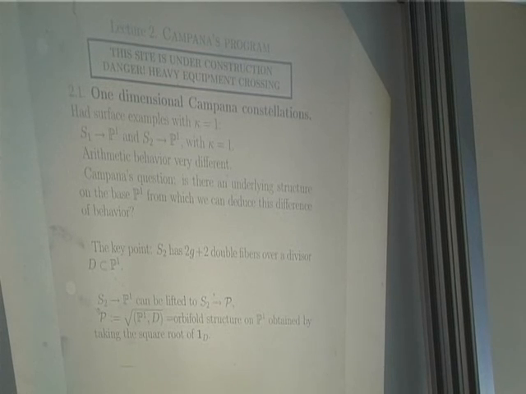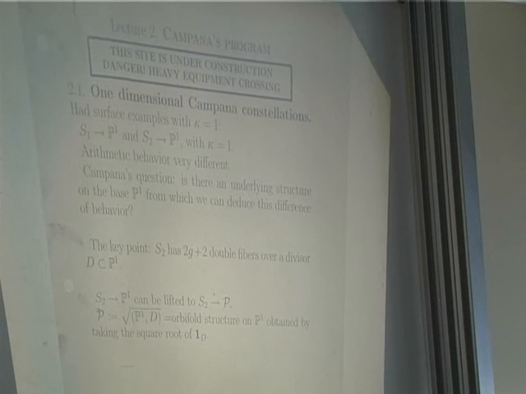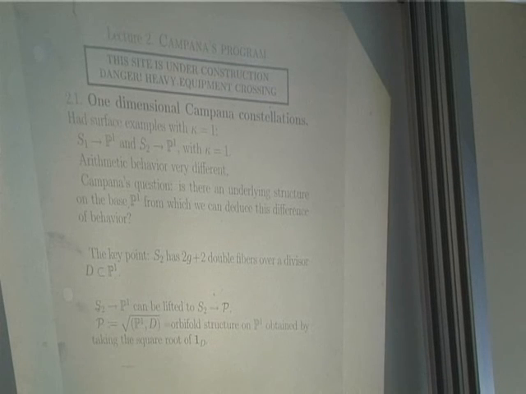But what Campana comes to show us is that maybe there's something else. So instead of looking at maps to varieties of general type, you look at maps to dragons of general type, and that's good enough. And these dragons are what Campana calls orbifolds, and I don't like it because it's misleading. I call them Campana constellations.